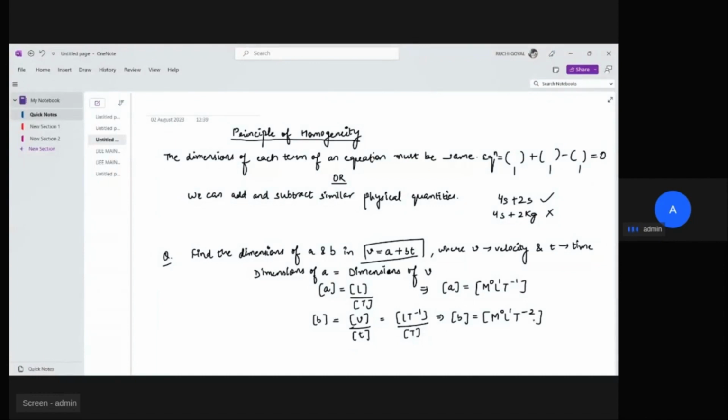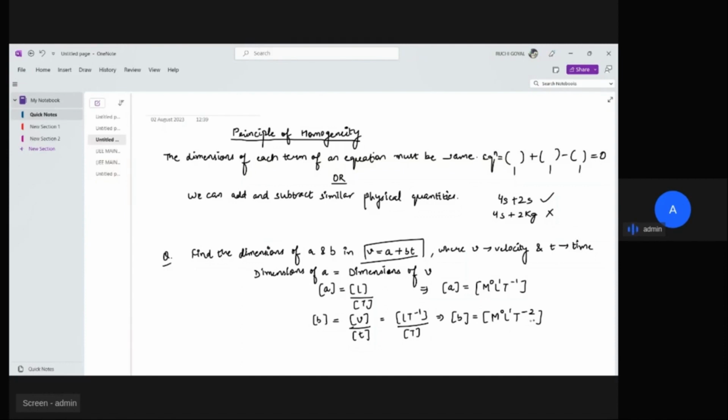Correct? Yes or no? Yes. So this is the principle of homogeneity, right?